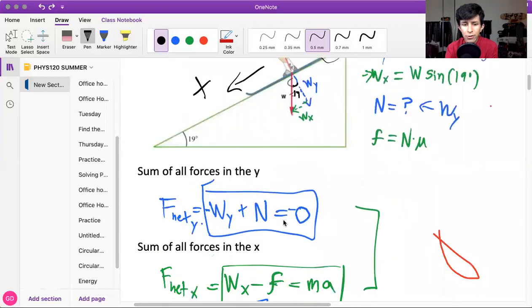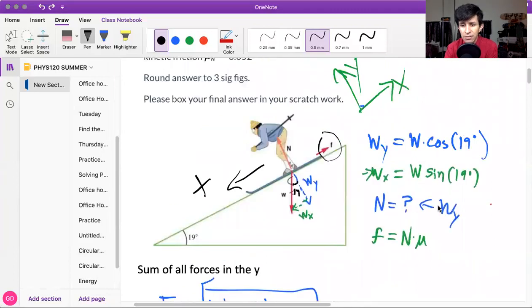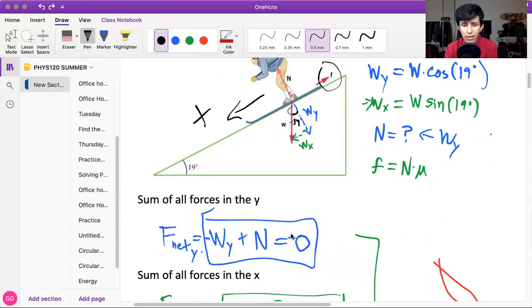So the first thing we want to do, get the Y, the blue components, which are the Y components, and write an equation for them. So the net force in the Y direction, so the Y component of the weight is negative because I'm choosing downwards to be negative and upwards to be positive from that slant. So that's why I have a negative sign right here and there's a positive right here.